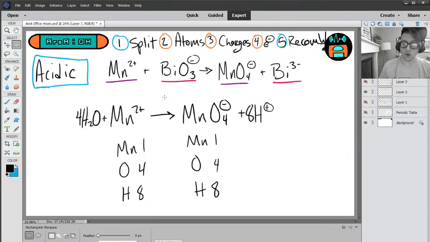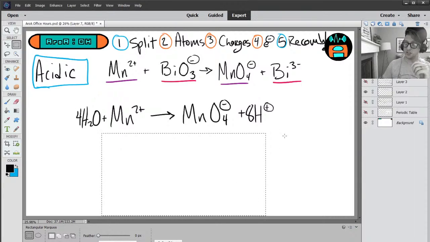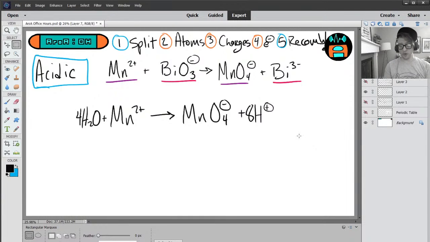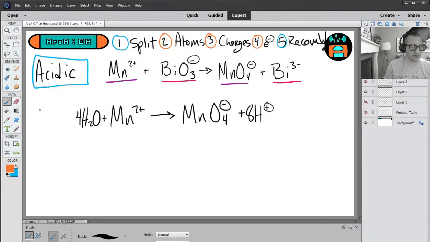Now we have to balance our charges. And the way you balance charges is you can only do so by adding electrons. You can add electrons to the reactant side or product side. To figure out which, we have to look at the total charge because our total charge on both sides of this reaction has to be equal. So we look at the charges on our reactant side. We have a +2 from manganese and then nothing else.